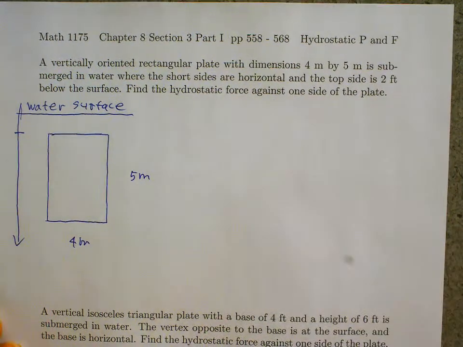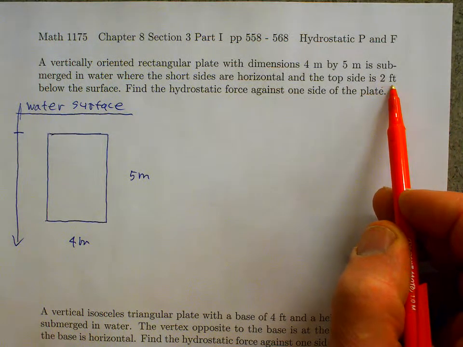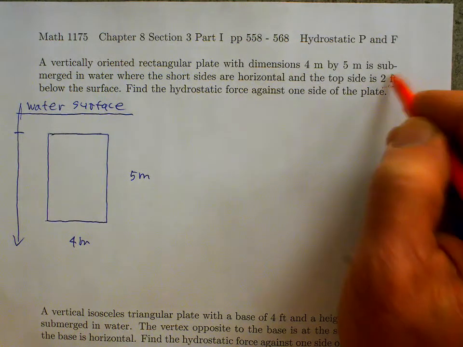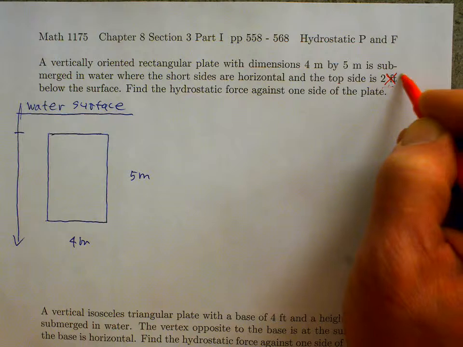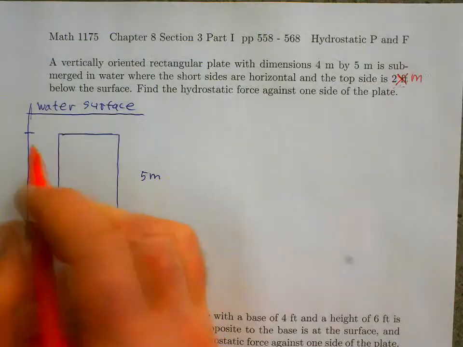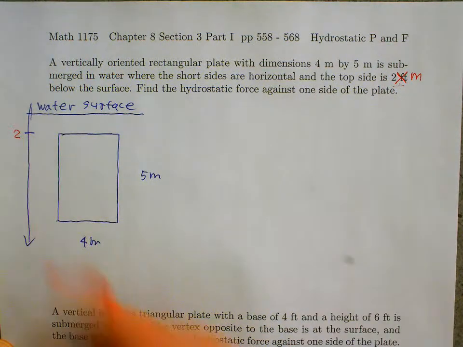Oops, I switched units. I really want 2 meters. I don't want to have to convert 2 feet to meters. So 2 meters below the surface. So this point right here is a depth of 2.